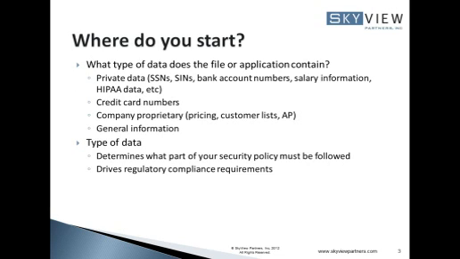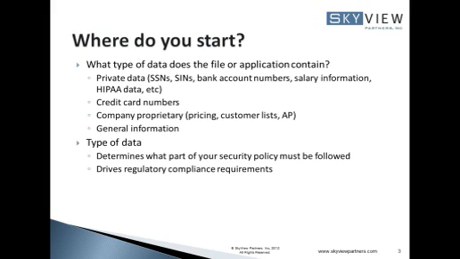All right, so where do you start with object-level security? The thing that I think a lot of people are overwhelmed with is the thought that they have to change the authority on every object on the system, and that is simply not true. The place that you want to start is that you find the data that actually needs to be secured.